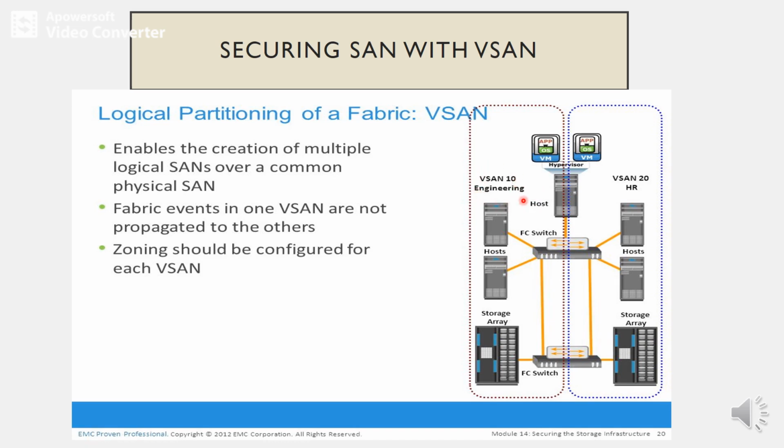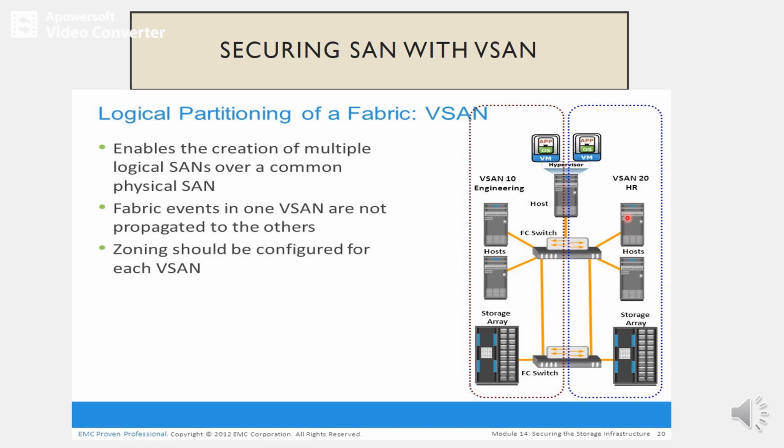One virtual SAN is used for engineering, and the other is the HR virtual SAN. Although they share physical switches with other divisions, they can be managed individually as a standard single fabric.